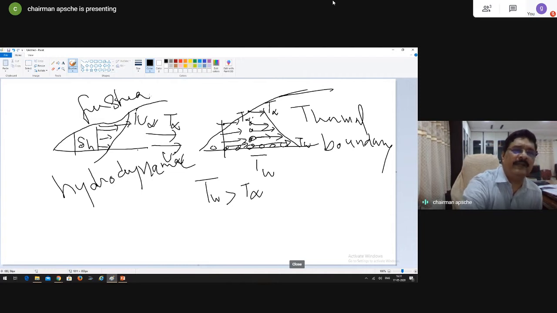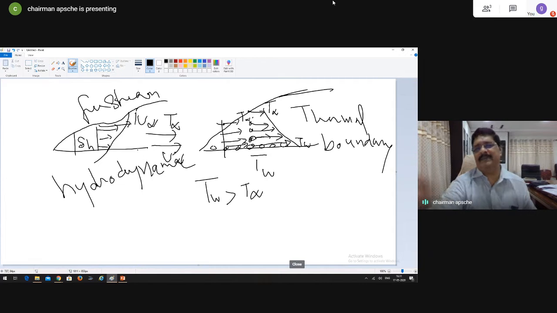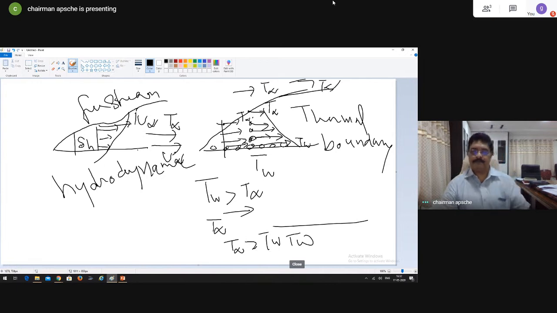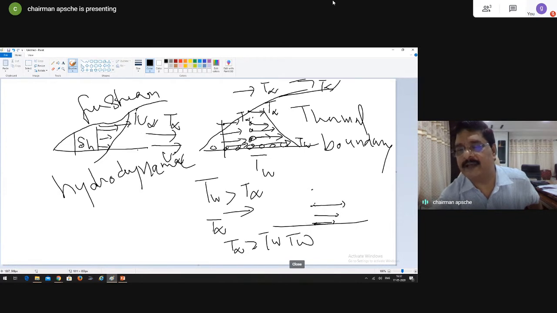In the free stream there are no variations. It's the same velocity all along and the same temperature. Whenever you see it, you only see T infinity, right? Here T infinity is greater than TW. Very hot fluid is flowing over a cold plate, the fluid near the plate will be at a relatively lower temperature for the reasons I explained earlier, and finally, somewhere it will be T infinity.